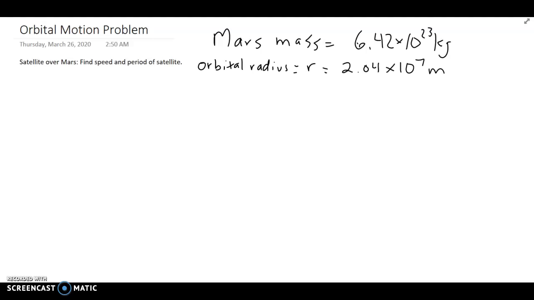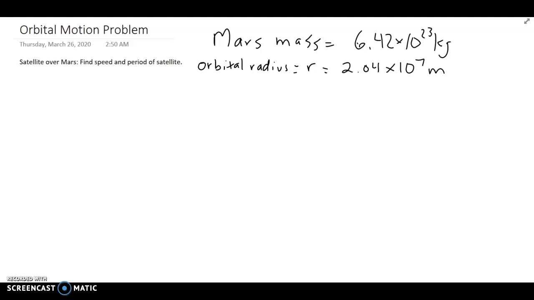Now, you have to make sure that the orbital radius that you're given is from the center of the planet to the satellite. If you're given a distance from the surface of the planet to the satellite, then you should also have the distance from the center of the planet to the surface of the planet.